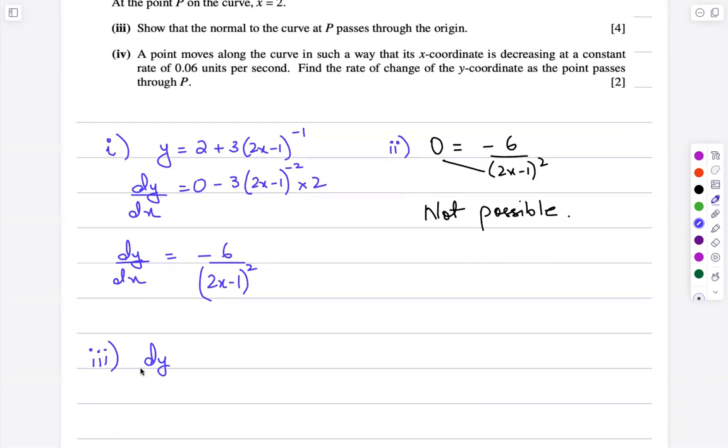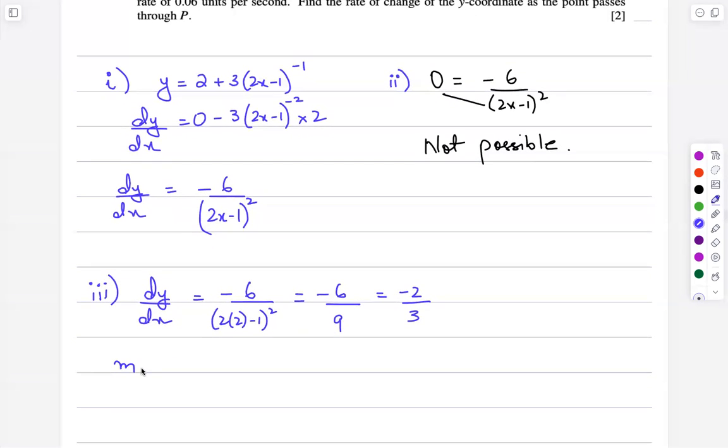So dy/dx when x equals 2 will be minus 6 upon (2 into 2 minus 1) whole squared, which is minus 6 upon 3 squared, which is 9. So this will be equal to minus 2 upon 3. As dy/dx gives us the gradient of the tangent, the gradient of the tangent is minus 2 upon 3, which means the gradient of the normal will be positive 3 upon 2.